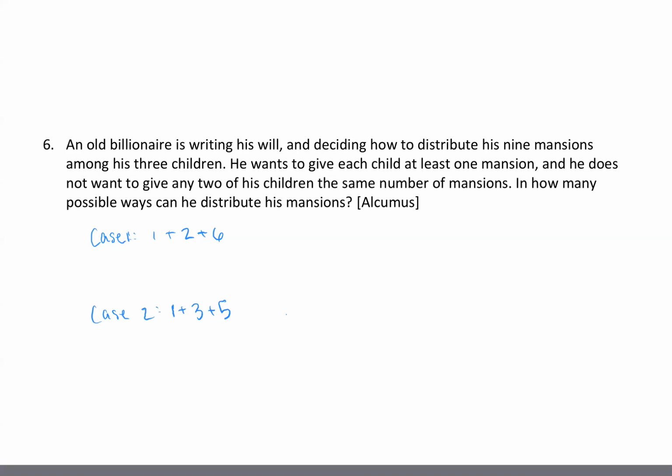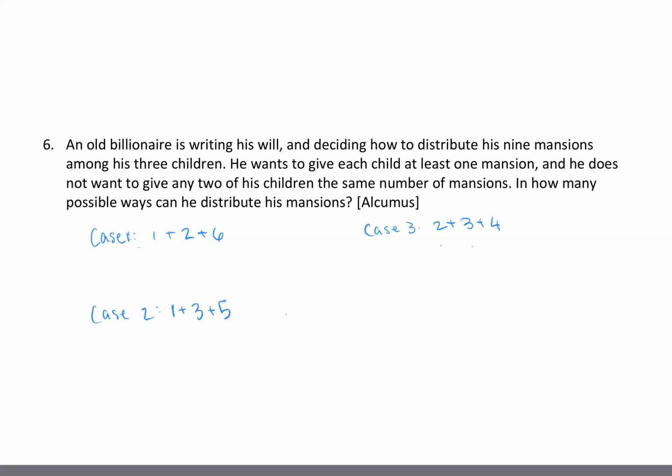Now we can't have 1 mansion, 4 mansions, and 4 mansions because the 4s are repeated. So we can go to case 3. We'll have 2 mansions plus 3 mansions plus 4 mansions. So these are our 3 cases because if we go to the next step, like 3, 3, 3, all the numbers are the same, so that's impossible.